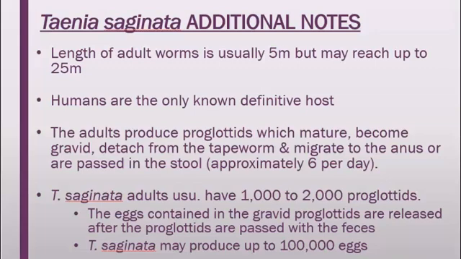This is approximately 6 per day, so they can pass about 6 proglottids per day. T. saginata adults usually have 1,000 to 2,000 proglottids. The eggs contained in the gravid proglottids are released after the proglottids or sections are passed in feces. T. saginata can produce up to 100,000 eggs. So that's a lot of eggs.